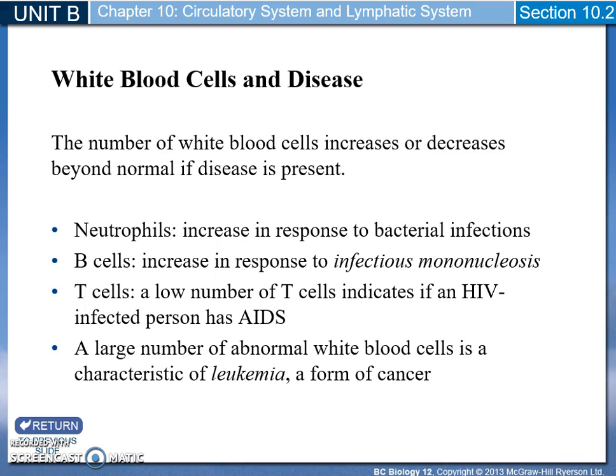The B cells will increase in response to infectious mononucleosis, commonly known as mono. A low number of T cells indicates a person is infected with HIV, and it's leading to AIDS. And then a large number of abnormal white blood cells is a characteristic of leukemia.